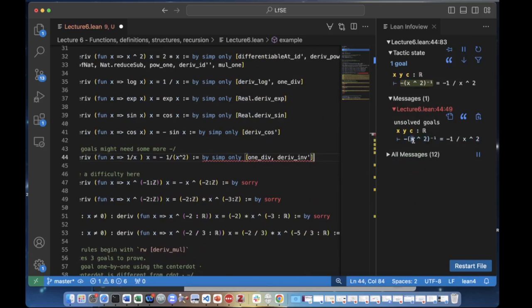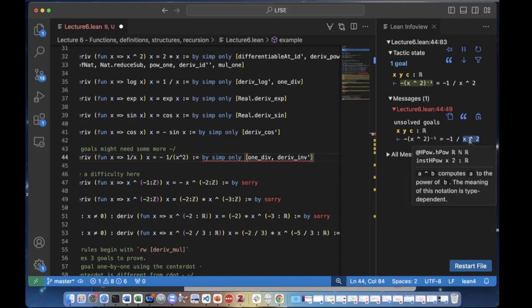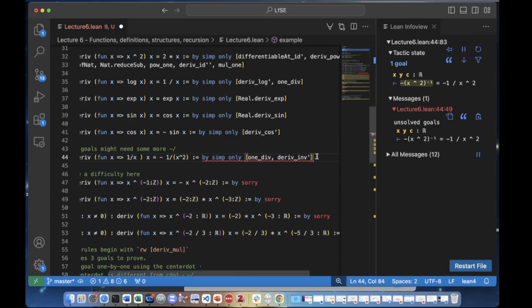I just have negative x squared to the power of negative 1, so the inverse of negative x squared, and I need to show that this is equal to negative 1 divided by x squared. So that is me making progress on this, but I'm not done yet. I have an unsolved goal.